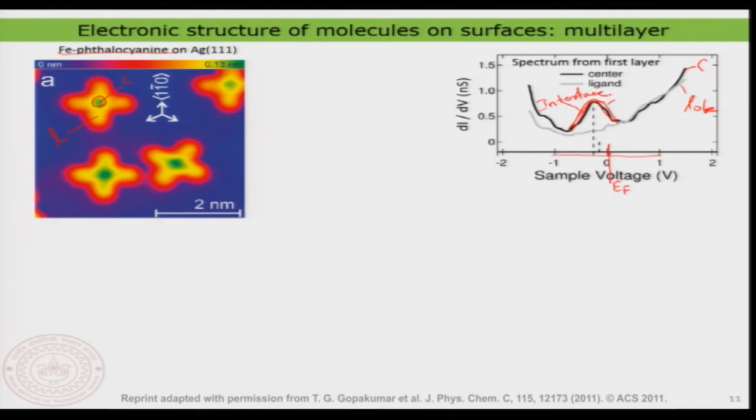Now, you would ask why I did not see that in the case of the pentacene that we looked at. That is because you have a sodium chloride layer in between the molecule and the surface, and the sodium chloride acts as an insulator, which limits the interaction of the molecule with the surface. There it was on purpose, because you wanted to clearly measure the electronic states of the molecule.